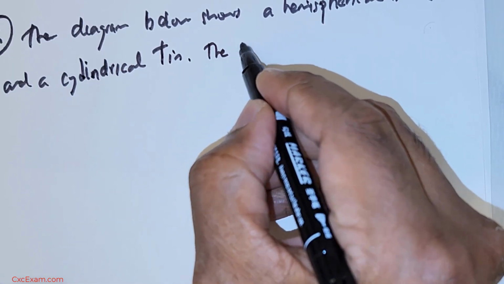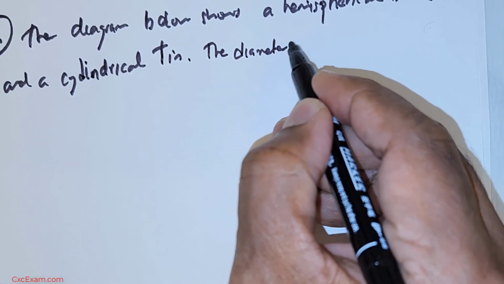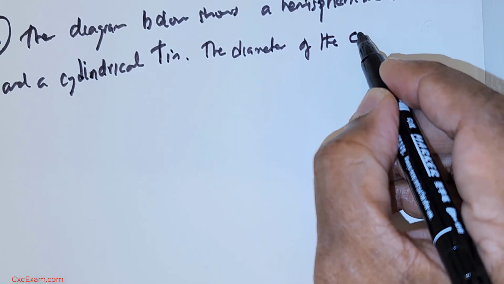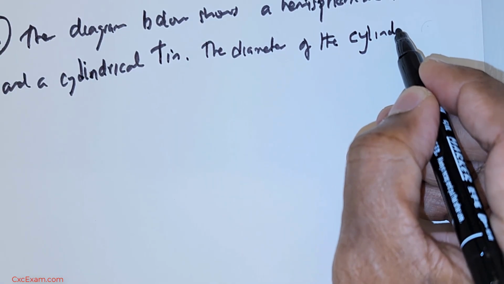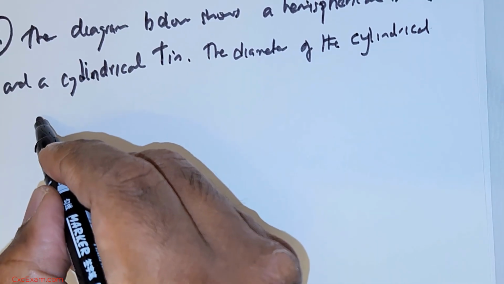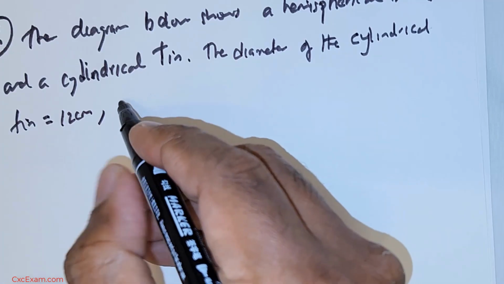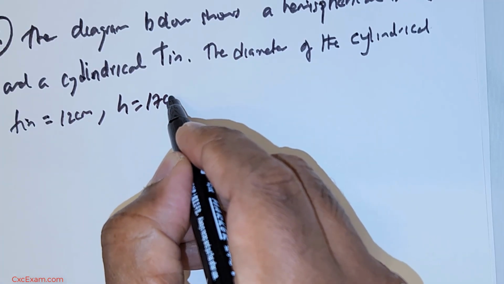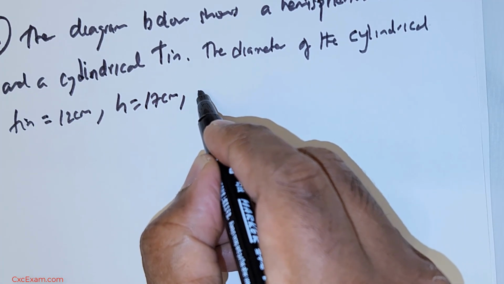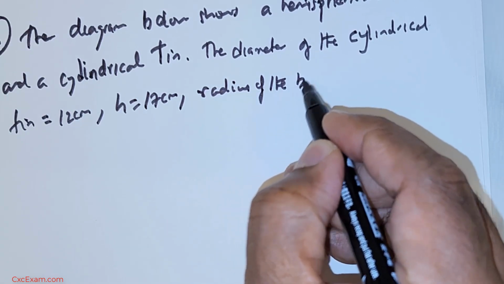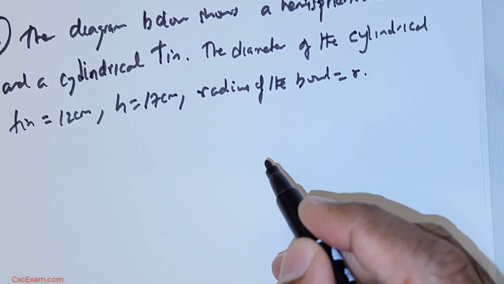The diameter of the cylindrical tin is 12 cm, the height is 17 cm, and the radius of the bowl is equal to r.